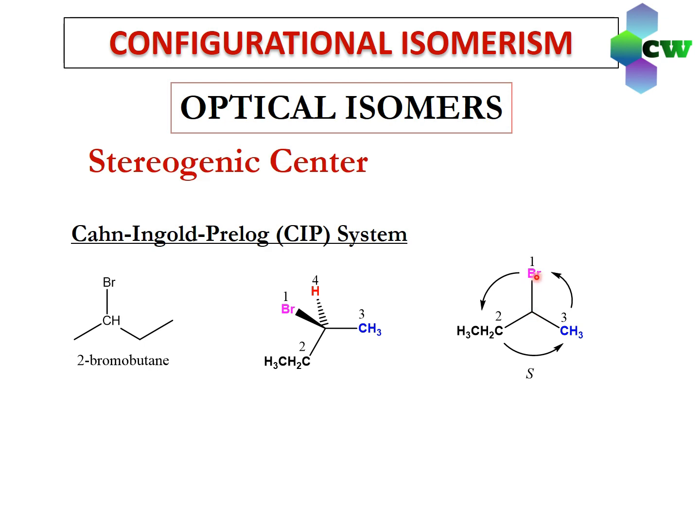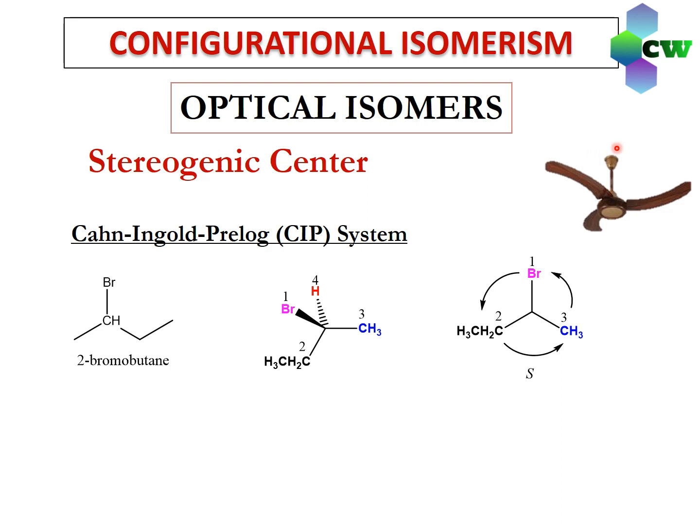And now you see the direction from 1 to 3, either it is clockwise or anti-clockwise. Now this looks more or less like a fan. If you look at a ceiling fan and you stand right underneath it, you cannot see the hook to which this fan is attached to the roof. Now this hook is away from you.